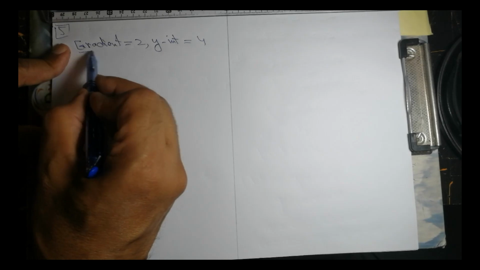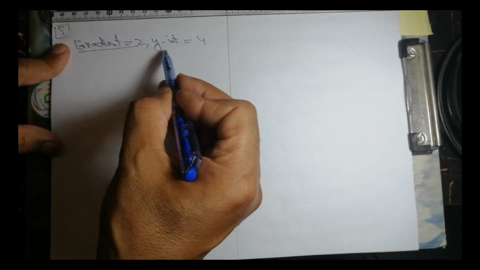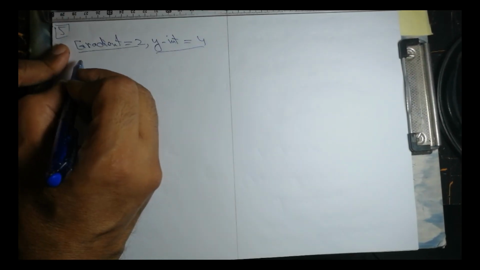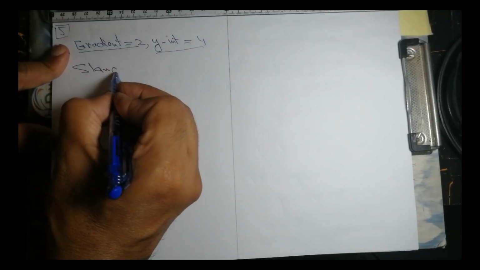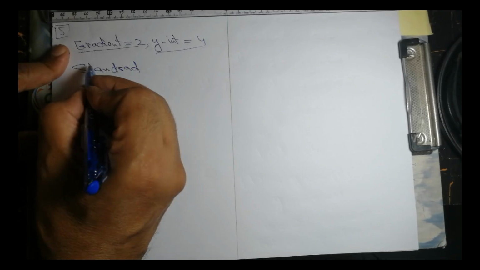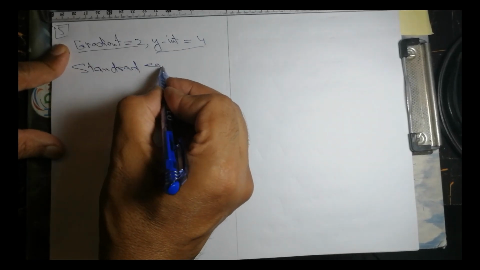So two parameters are given, gradient as well as y-intercept. So the standard equation of a straight line.